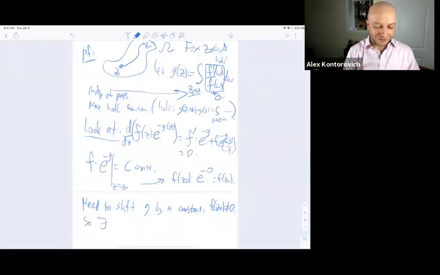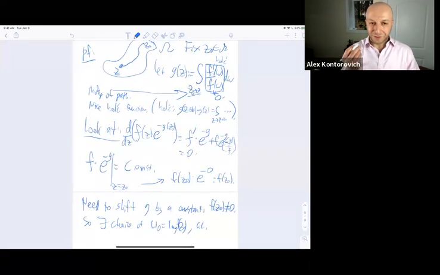There exists a choice, let's call this w0, which is log of f of z0, such that e to the w0 is equal to f of z0.